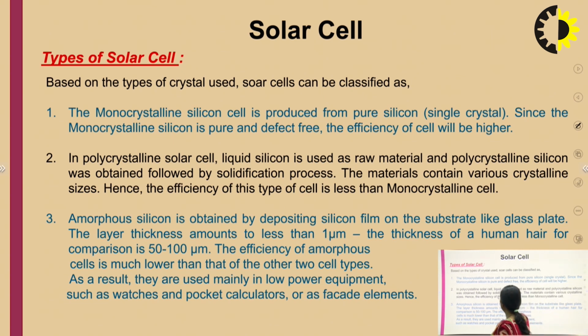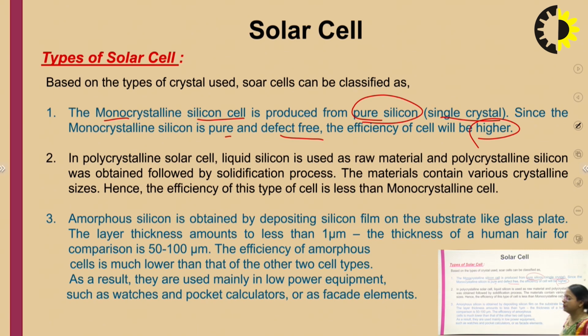The monocrystalline silicon cell is produced from pure silicon, that is, mono represents a single crystal, so a single crystal is used for the production of the monocrystalline silicon cell, right? A single monocrystalline cell is pure and basically defect free, so the efficiency of the cell is very high in case of the monocrystalline silicon cell.